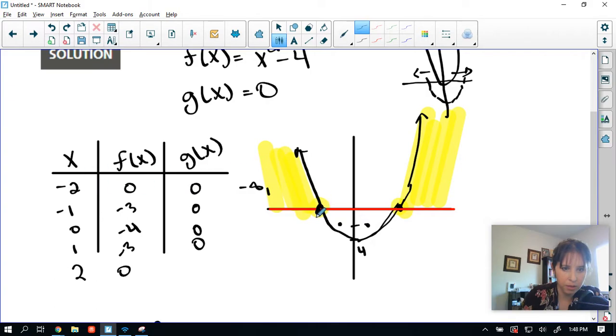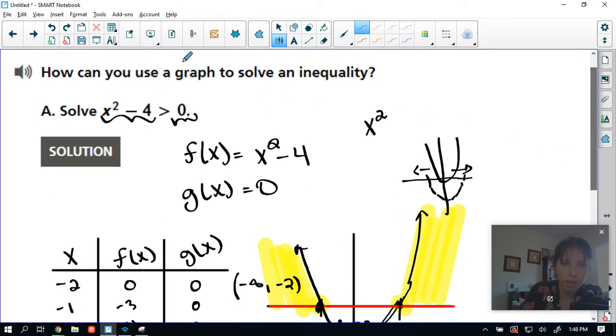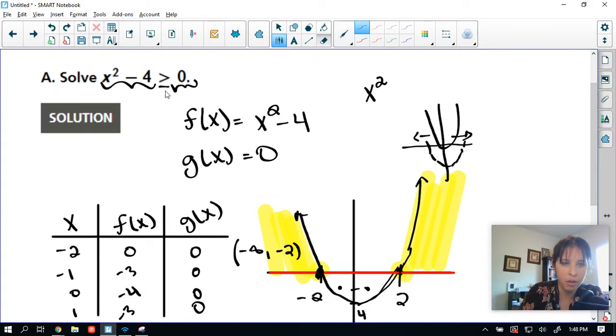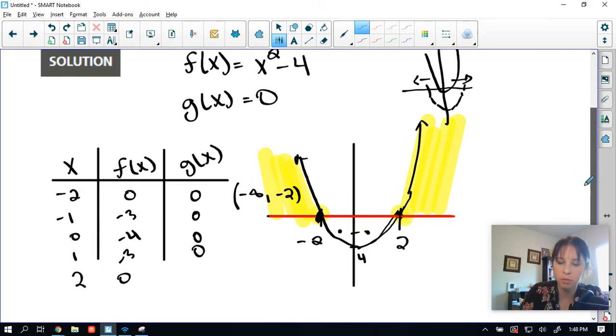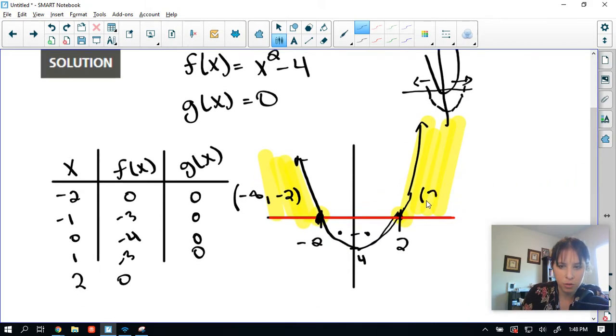I should be marking my graphs. That's a good practice to mark the graphs. From negative infinity to negative 2. And then here's where they cross, and this is not equal to. If this was equal to, then we would include negative 2 in the value. But because they're not equal to, we don't include it. So we use the parentheses as opposed to the brackets. And this is from 2 to infinity.